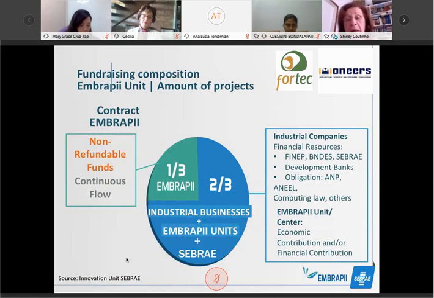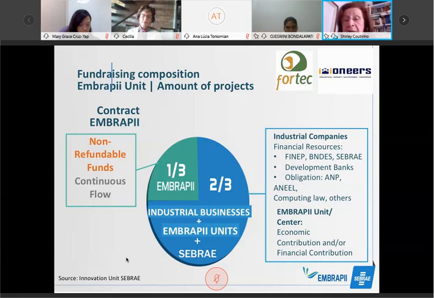Fundraising is another problem, and some years ago a program named Embrapii was started. Embrapa is the very successful agriculture enterprise, as you know, but this is the same concept to increase innovation in the industrial sector.